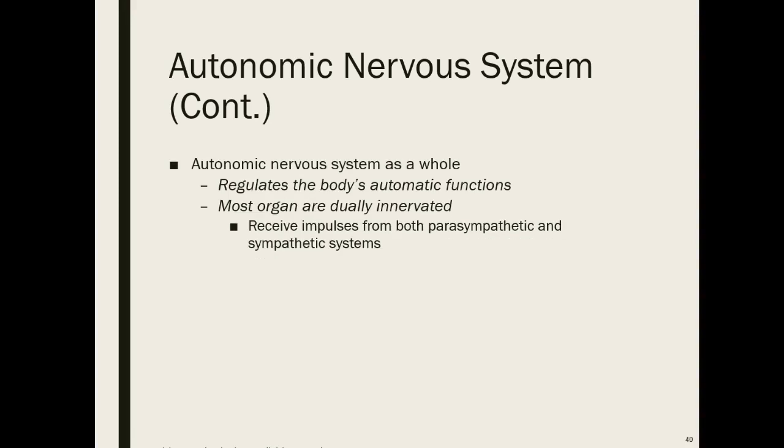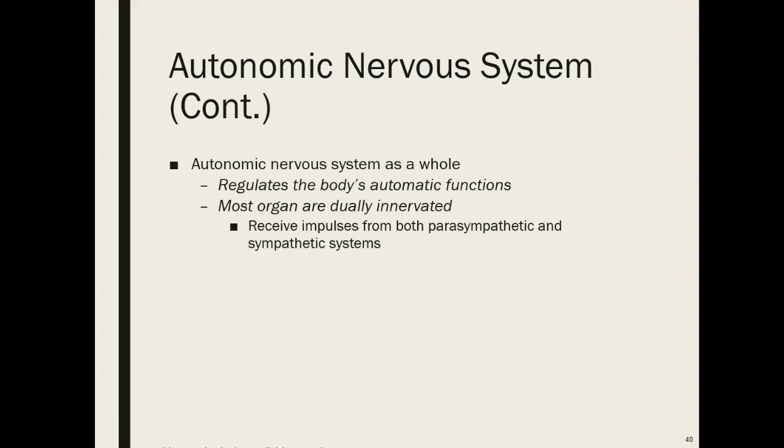So the autonomic nervous system as a whole is going to regulate the body's automatic functions. Most organs are dually innervated, which means that they receive impulses from the parasympathetic and sympathetic system.